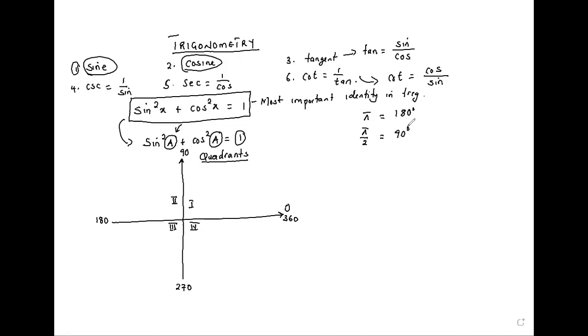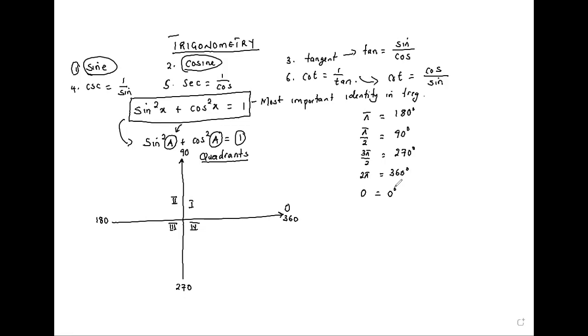Here, it's called 3 pi over 2. The other side is called 270 degrees. You have 2 pi; the other side is called 360. The only thing that appears the same is 0. 0 is still 0 even in degrees.